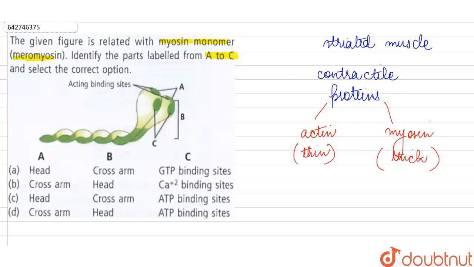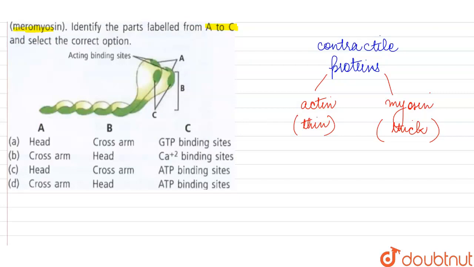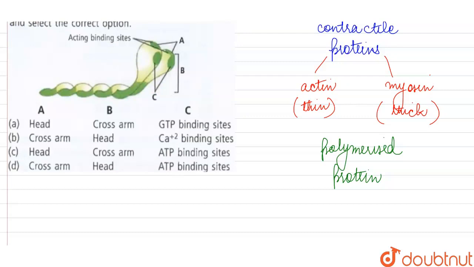So here we are talking about the myosin protein or the thick filaments. So myosin is again itself a polymerized protein. So we will see two different constituents that make up our myosin protein or the thick filament.